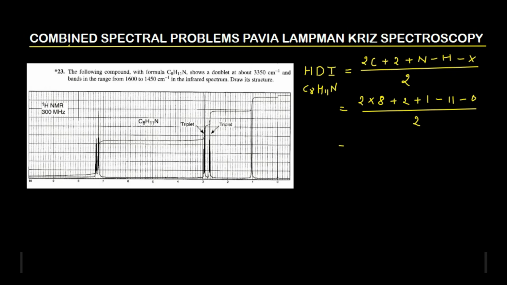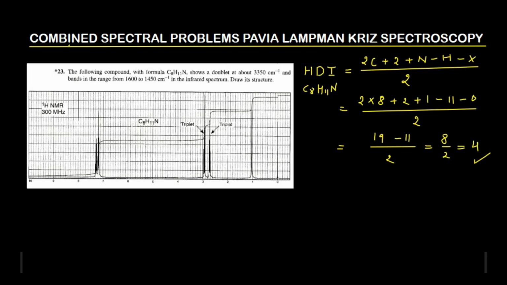So 8 plus 2 is 10, plus 1 is 19 minus 11, divided by 2. This will simply give you 8 by 2, which equals 4, right?